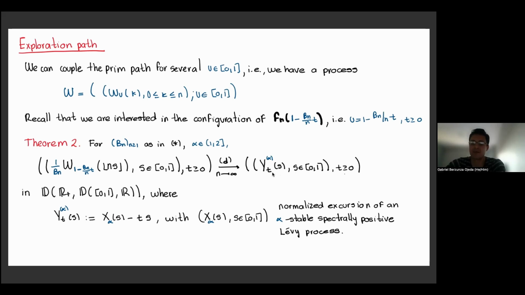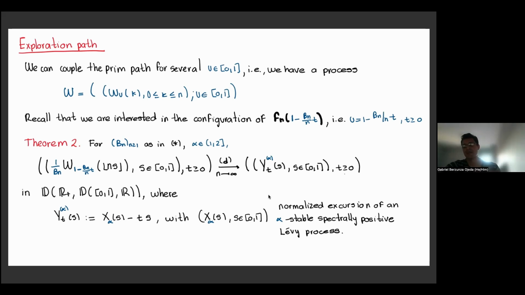And what is the right object? It's the process I denote by Y, which is just the stable excursion minus a negative linear drift. You recognize this from the construction used in the Brownian case, which is exactly the same process Bertrand uses to construct the Brownian fragmentation associated to the excursion. This is very nice because we get exactly what we want in the limit.